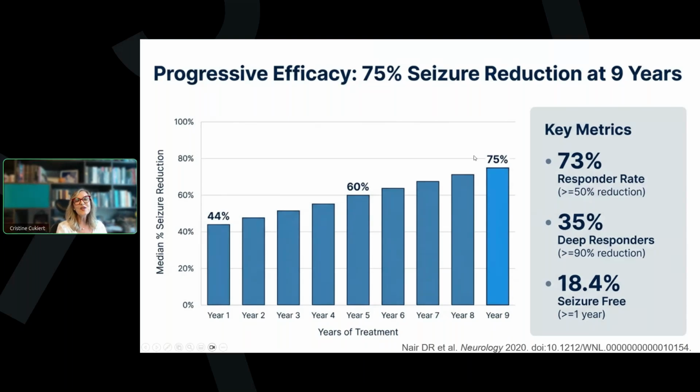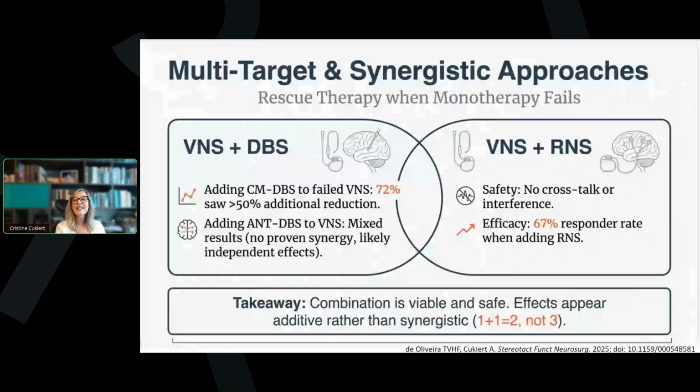Well, and then we have the multi-target and synergistic approach. Here we have many patients with VNS plus DBS and VNS plus RNS, and the takeaway is that the combination is viable and safe, and the effects appear additive rather than synergistic.